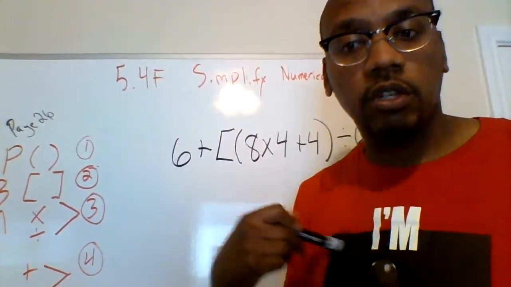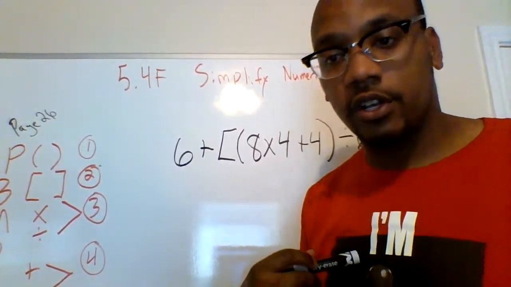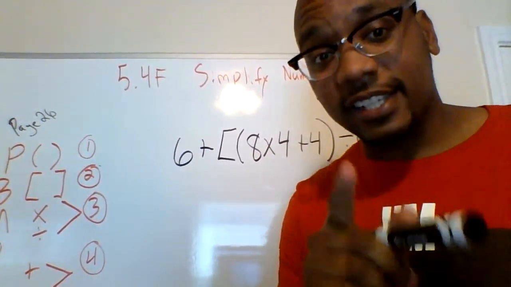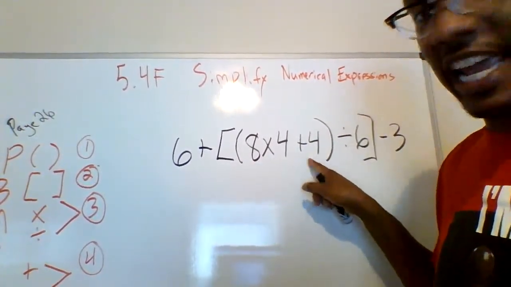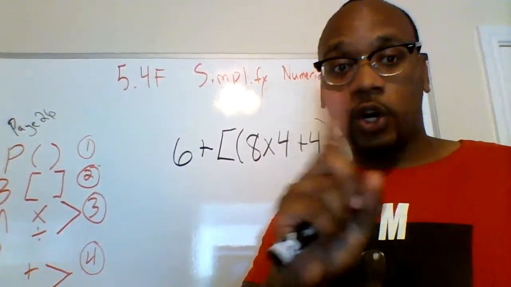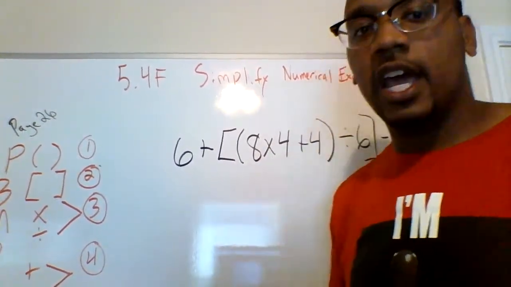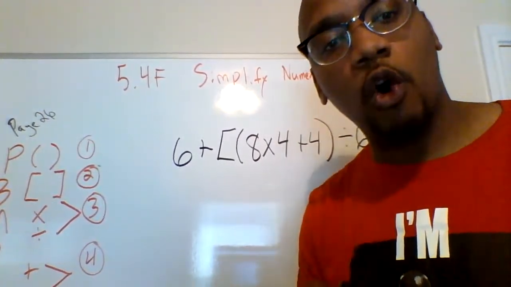So, Michael, the answer to parentheses is not 64, sir. I know how you got 64, Michael. You did 4 plus 4 is 8, and then 8 times 8 is 64. No, no, no, Michael. Even inside the parentheses, you still have to go in order.